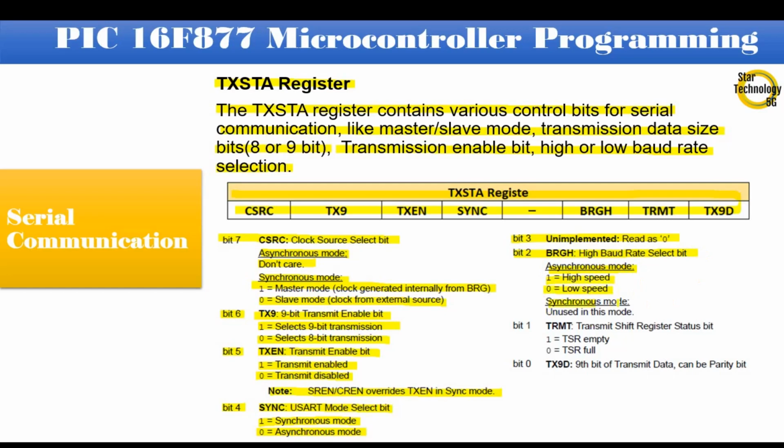Synchronous mode: unused in this mode. Bit 1 TRMT, transmit shift register status bit. 1 equals TSR empty. 0 equals TSR full. Bit 0 TX9D, 9th bit of transmit data, can be parity bit.